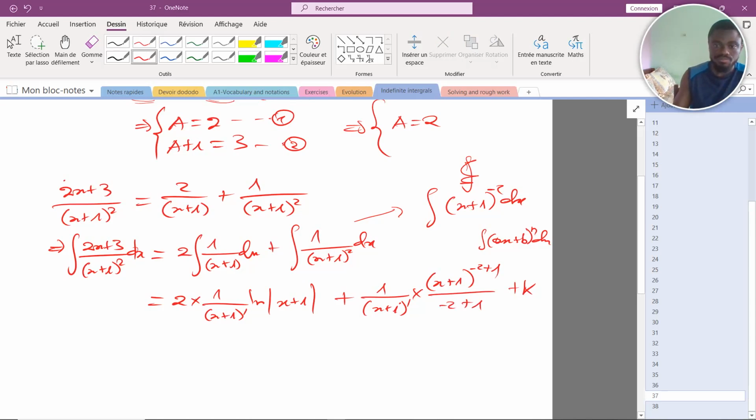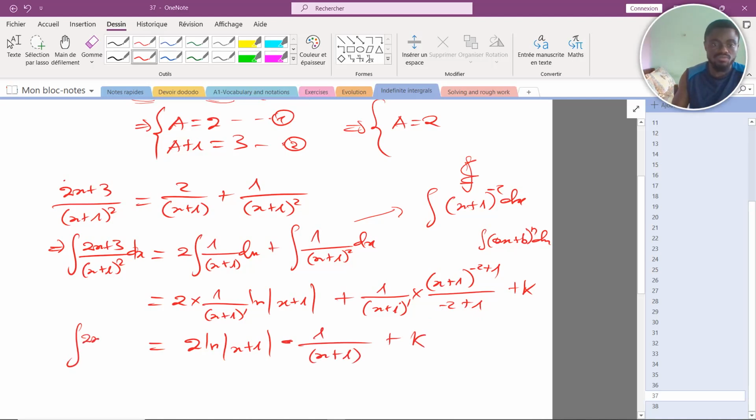Is that okay? When I differentiate this, I have 1. So this is 2 ln of the absolute value of x plus 1. Minus 2 plus 1 will give me minus 1. So this will be equal to minus 1 all over x plus 1 plus our constant of integration.